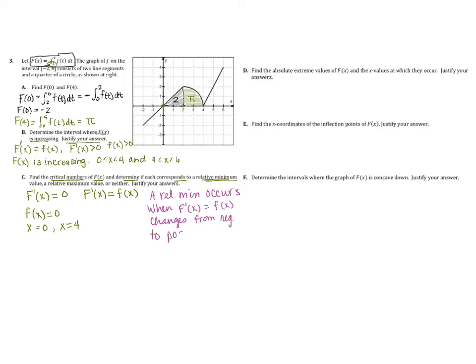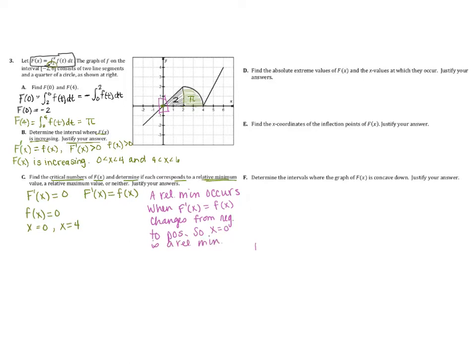And so let's look at our graph and see, where does that happen? From a negative to a positive, that's going to occur right here at 0. So that tells me x equals 0 is a relative min.